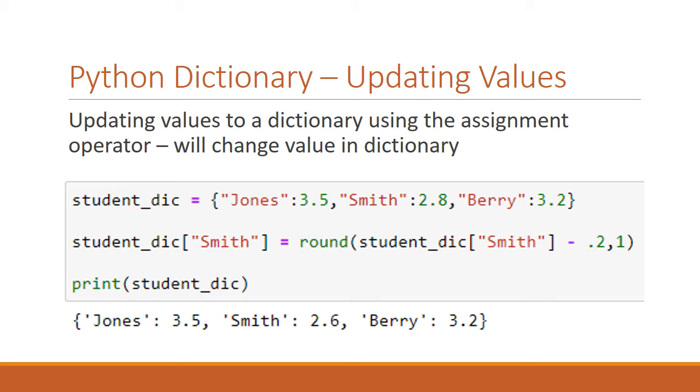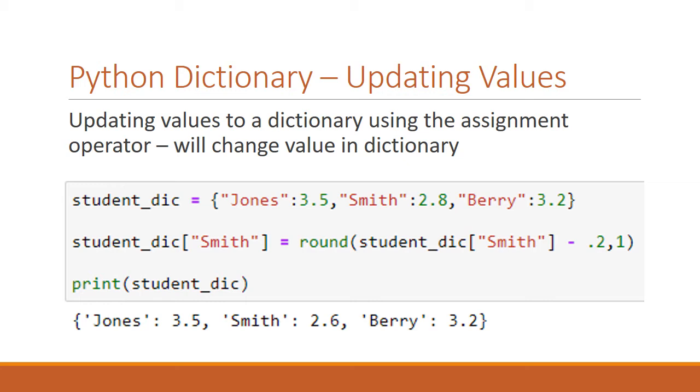Well, first of all, I'm going to get the old value. So to get the old value is student_dic, square bracket Smith. That gives me 2.8. Now I'm going to subtract 0.2 from it. So now I have 2.6. Lastly, I'm going to use the round method to round that, to the nearest decimal place.